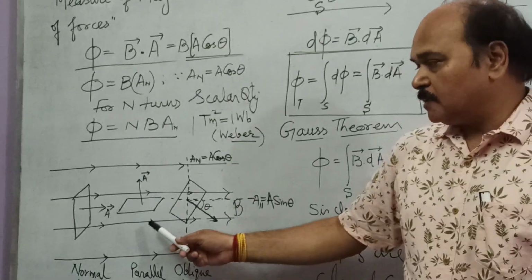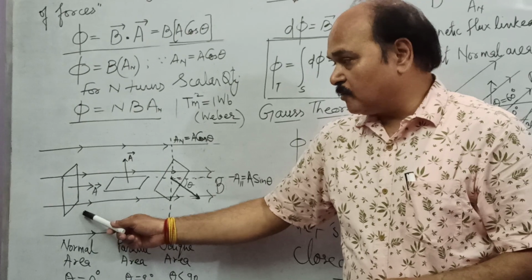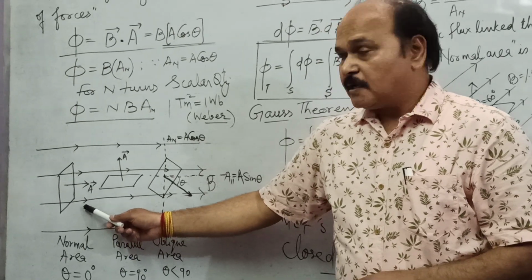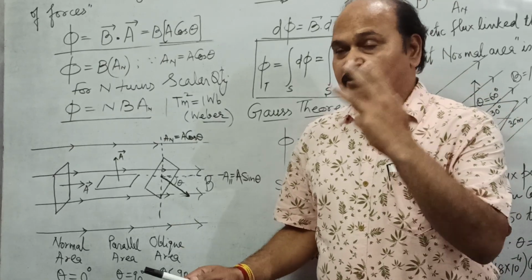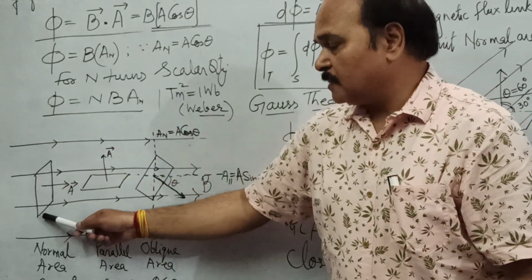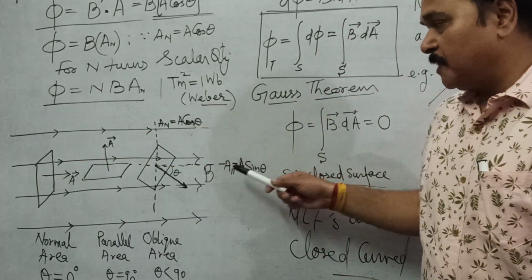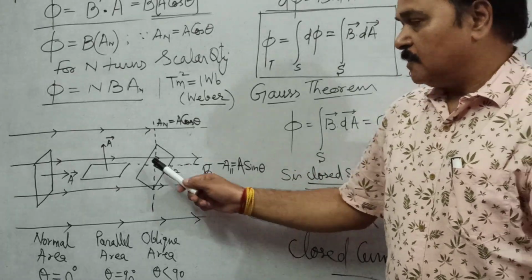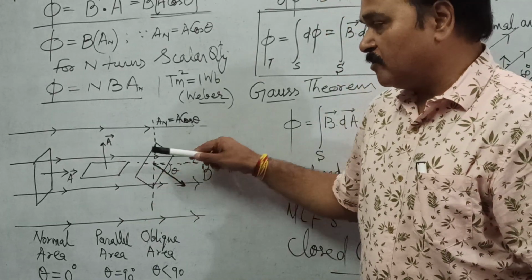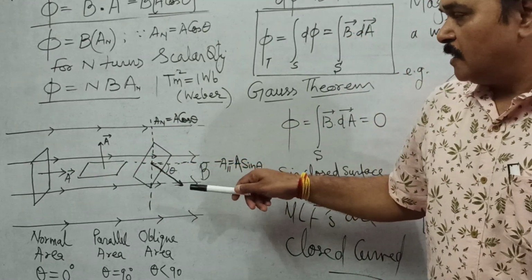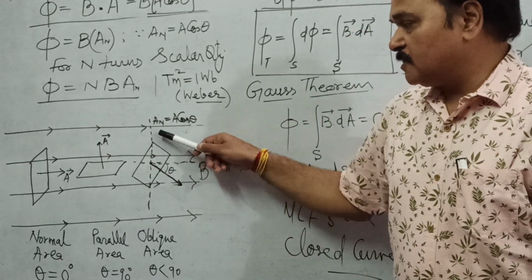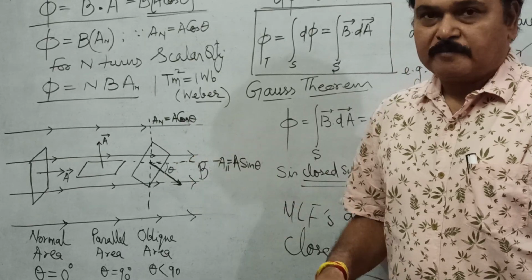In the diagram here, I have shown a rectangular uniform area in 3 different orientations. In this one, the plane of the area is perpendicular to the magnetic field. This is a uniform magnetic field. The same area is now kept such that the plane of the area is parallel to the magnetic field, and here the area is obliquely placed in the magnetic field.